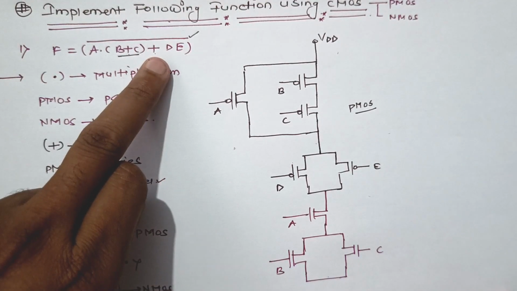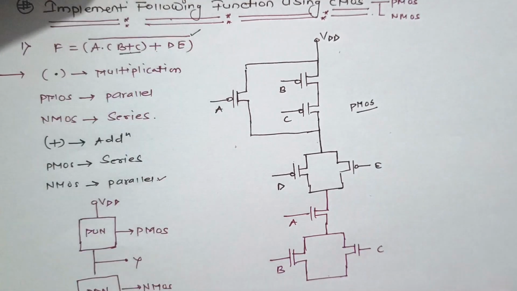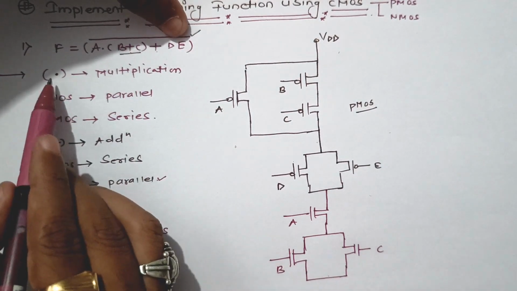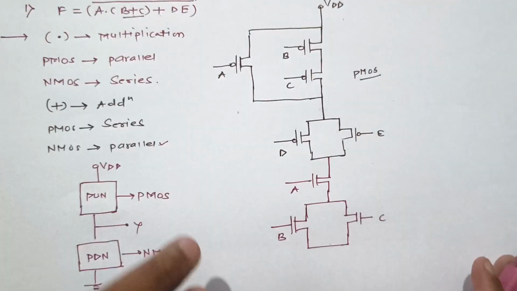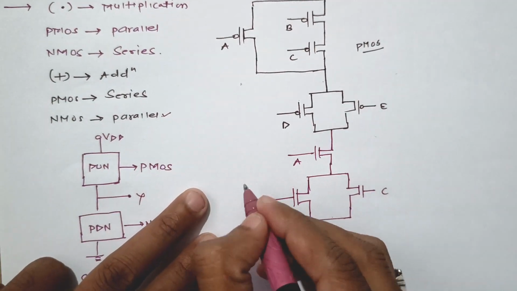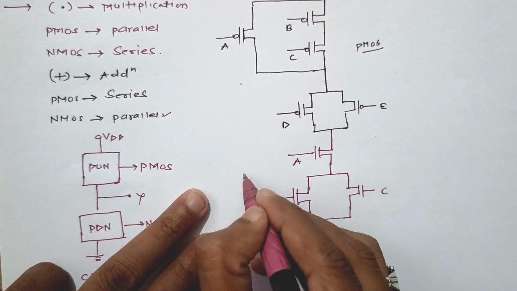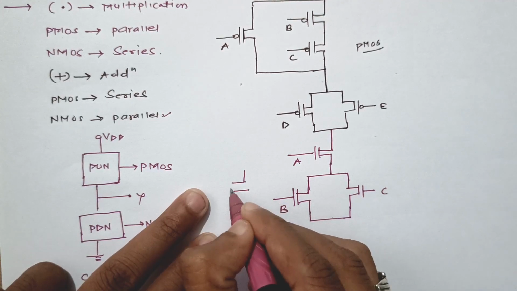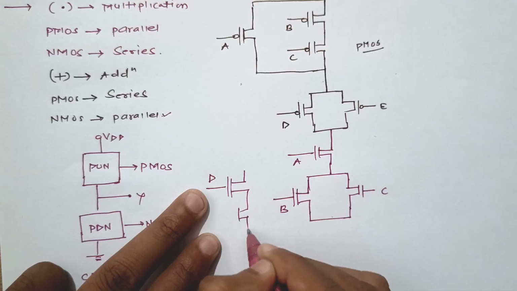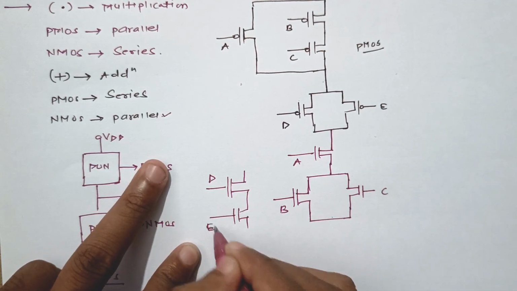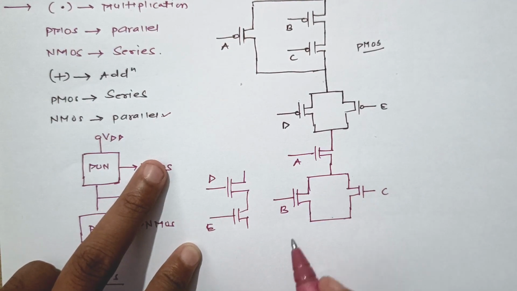Now we are left with the plus sign of what? D into E. Again a multiplication sign. So for multiplication, NMOS is in series, D and E in series. So let's take here. This is D and this is E. These two are in series. Okay, fine.